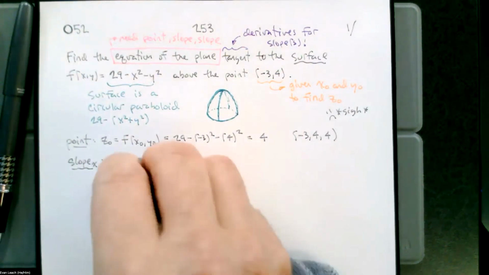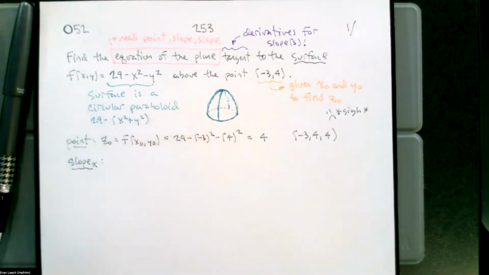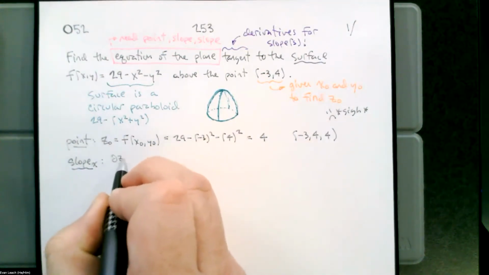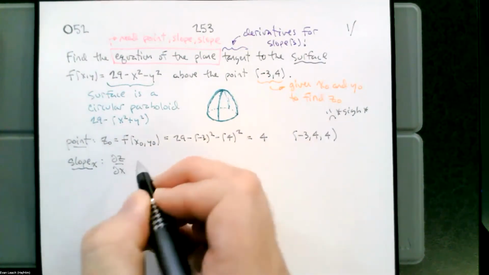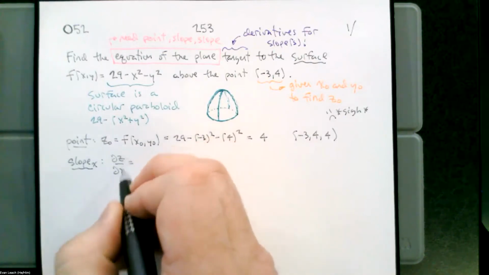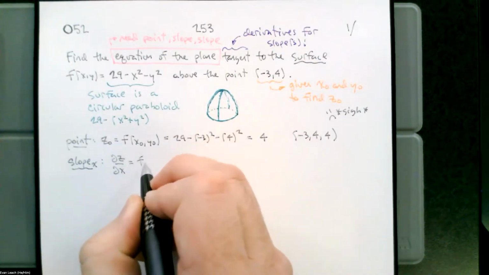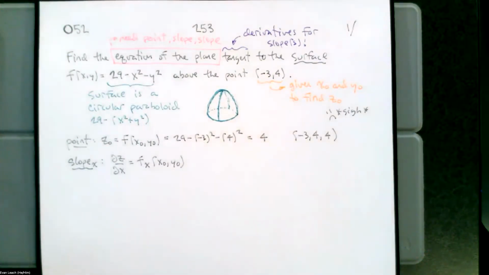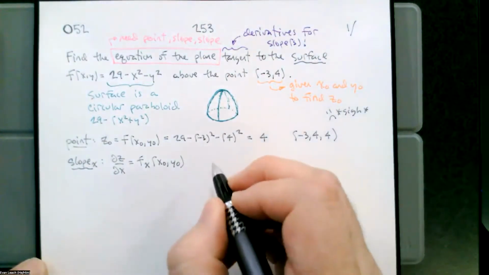Let's include all the notation. So our partial of z with respect to x, our slope in the x direction, will be fx at x naught, y naught. Fx is pretty easy to find.